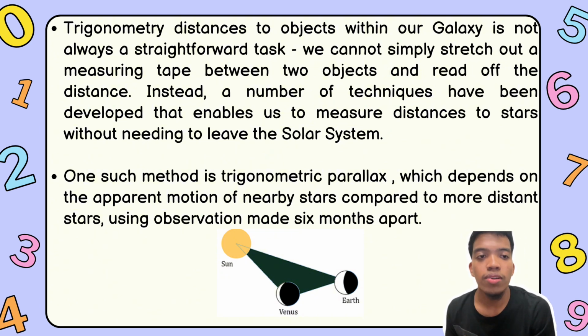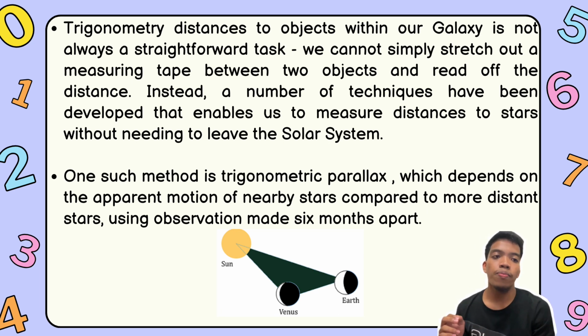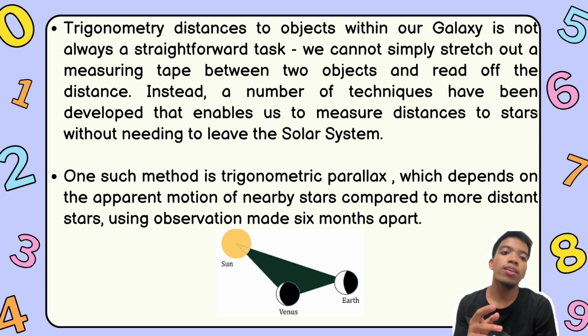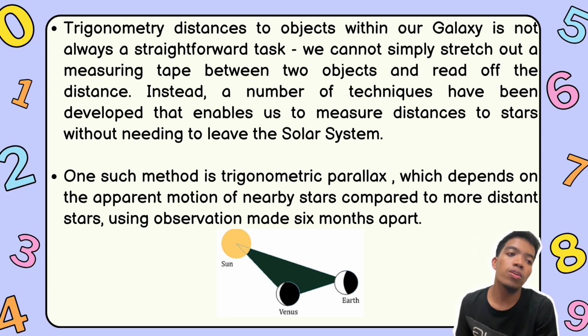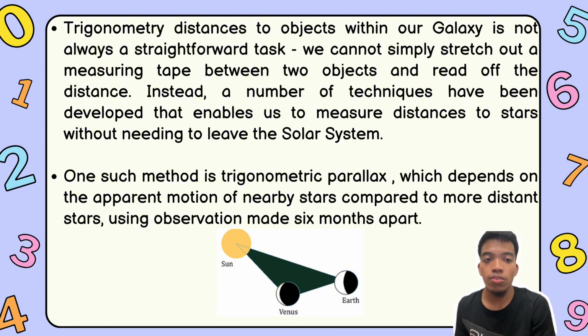One such method is trigonometric parallax, which depends on the apparent motion of nearby stars compared to more distant stars, using observations made 6 months apart.